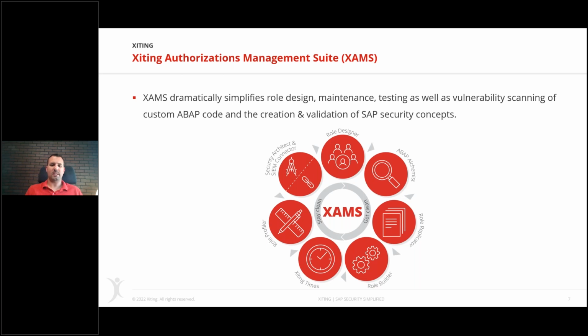So the Security Architect is basically our solution when it comes to documenting the security concepts, and then we can integrate with different modules to do different types of checks in different areas, which I will show in a little bit when we go into the system and take a look.